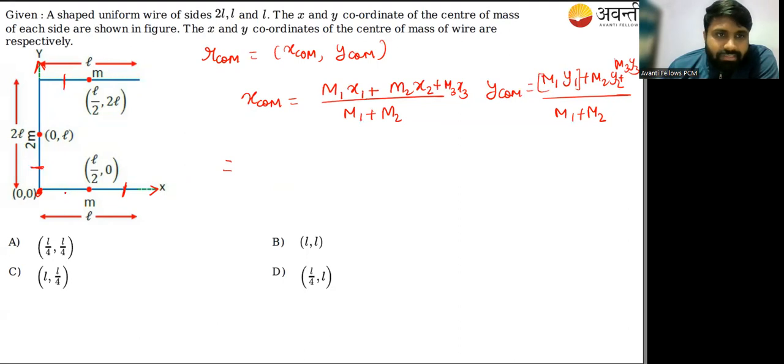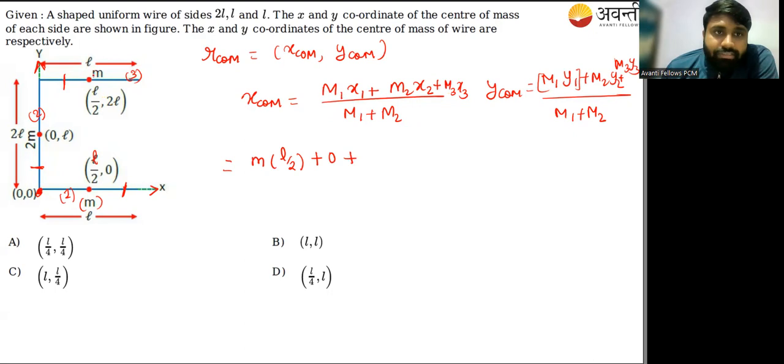Here this is 1, this is 2, and this is 3. Now m1, which is mass m, is given to you. The x coordinate of the center of mass of this system, x1, is L by 2. Plus m2, this one is on the vertical axis, so it does not have any x coordinate, so you can put it 0.